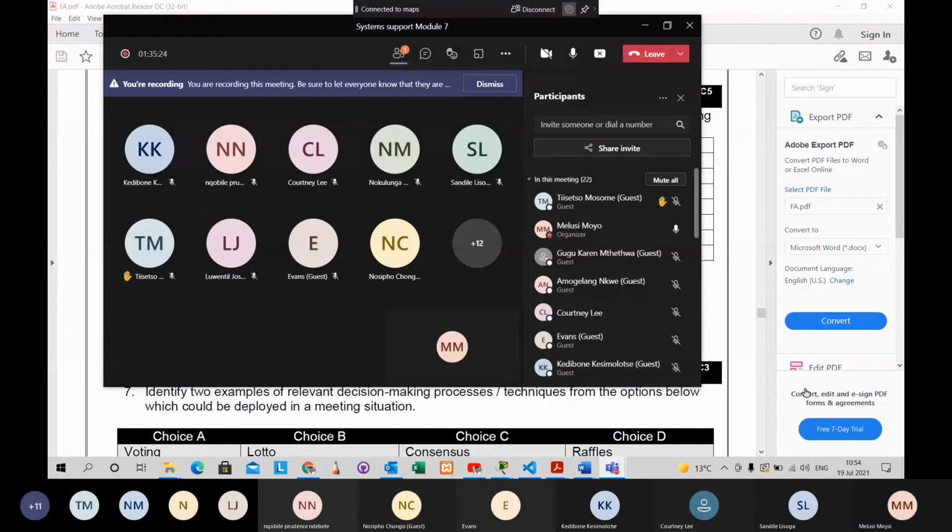Chisetso. I think it helps us to summarize the meeting points and understand them better. Right. The most important part is it helps us summarize, and it also works as a point of reference. These are the things that we spoke about, and Evans was given a task 1, 2, 3.